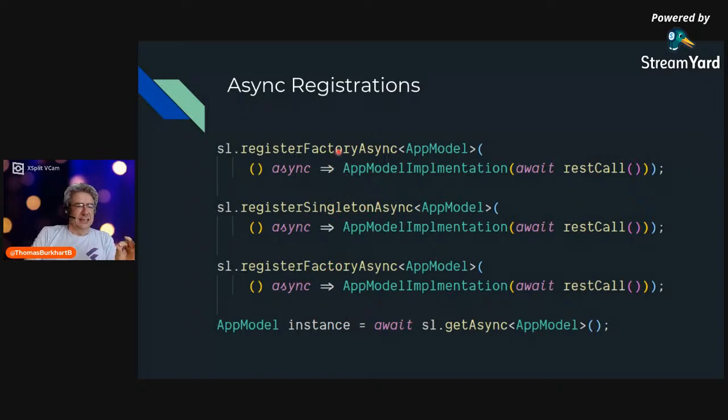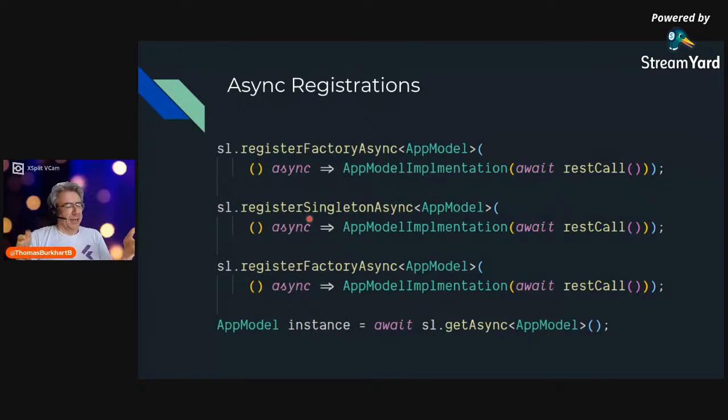But in this case, it's important to know that when the register function is called, especially for the singletons async and also the register lazy singleton, though the factory is a little bit different, the factory function is executed immediately, but it's executed asynchronously. So the rest of our app is not aware of when this instance is ready.